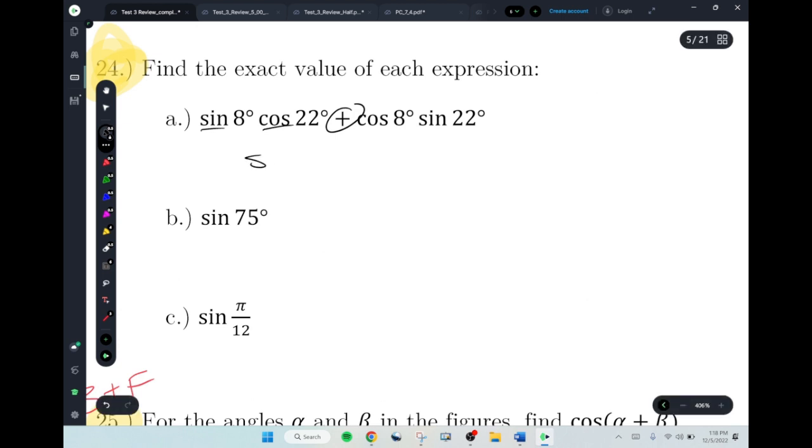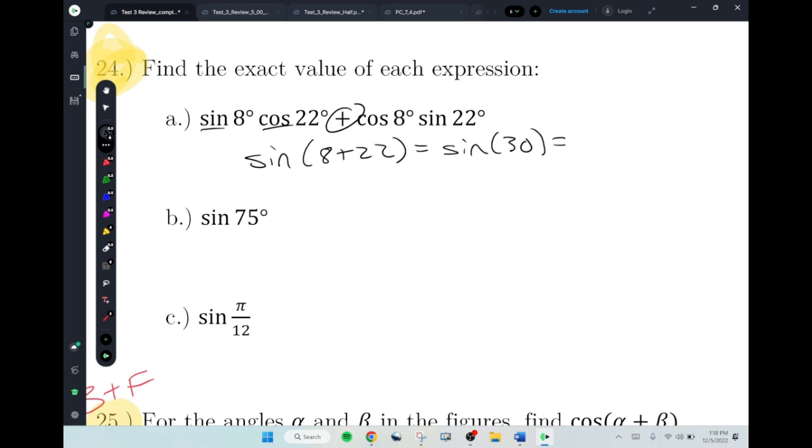Sine cosine means sine. So sine of 8 plus 22? So we just write sine. 30? No. What's sine 30? 5 or 6.